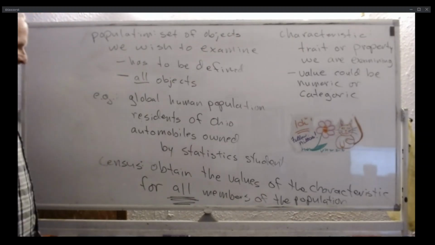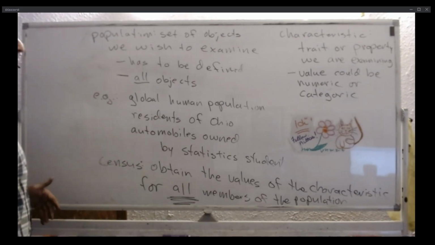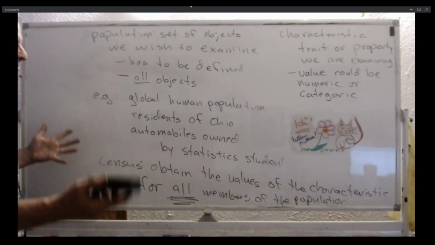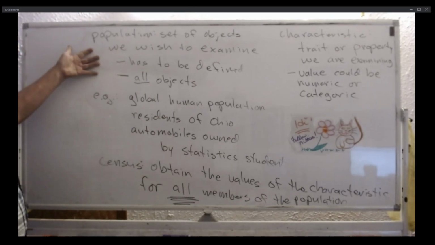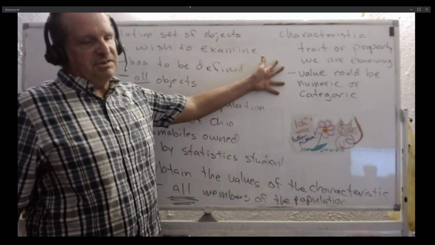So again, do you see that we can change things by nothing more than a clever redefinition of the population or how the characteristic is worded?